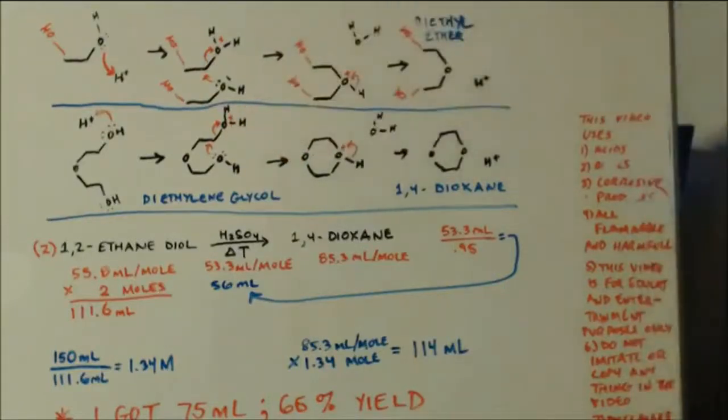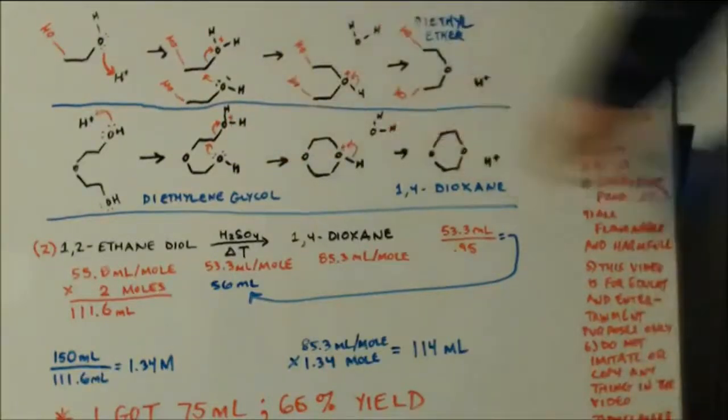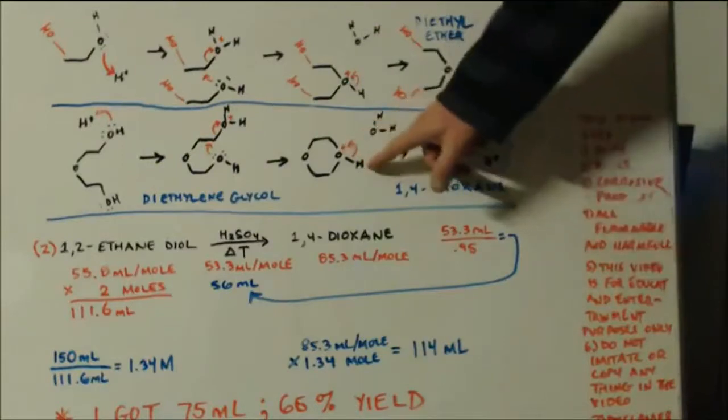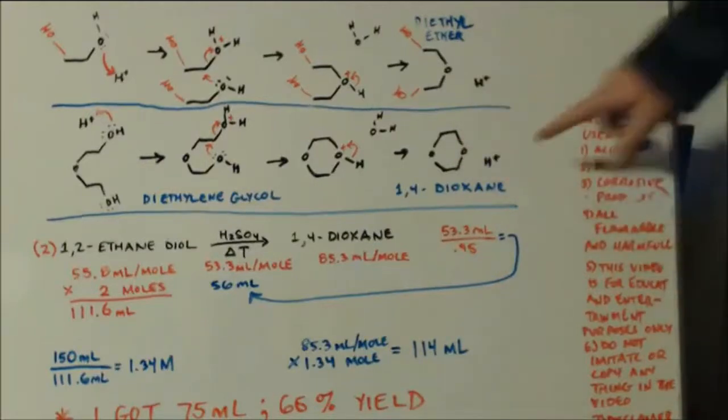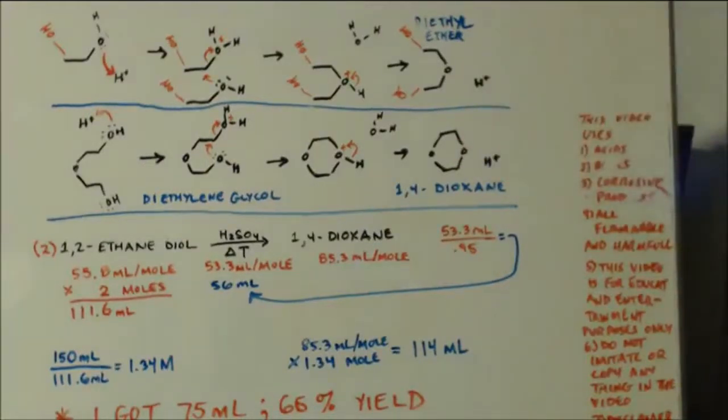The water kicks off, just like up here, and you have an oxonium ion with a proton. The proton goes away and you're left with just 1,4-dioxane, and your acid is replenished.